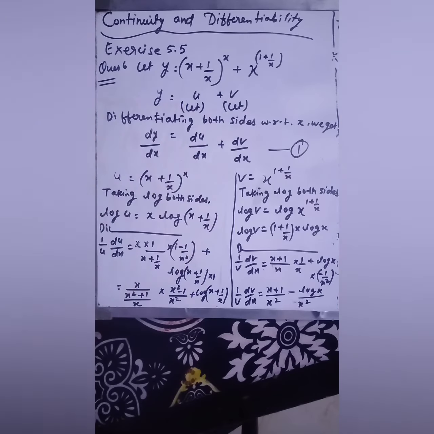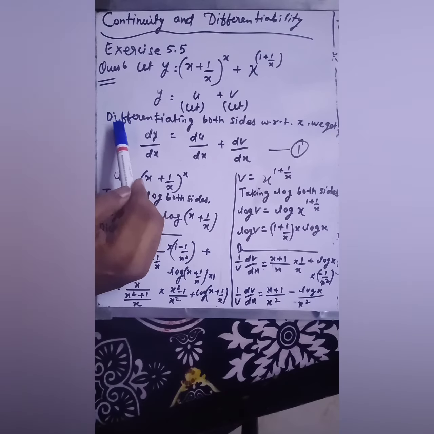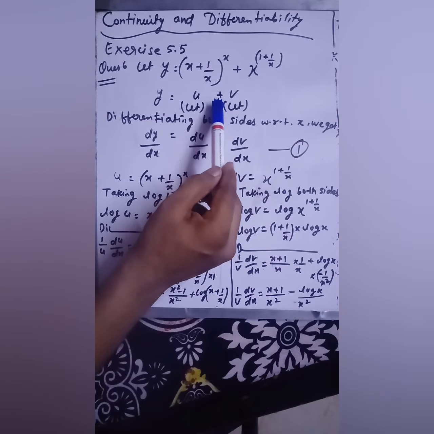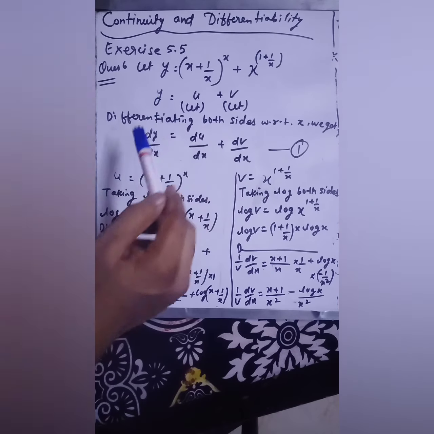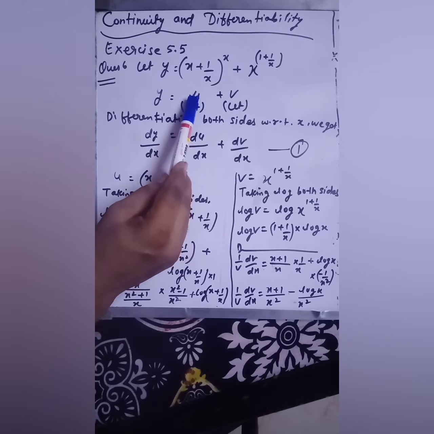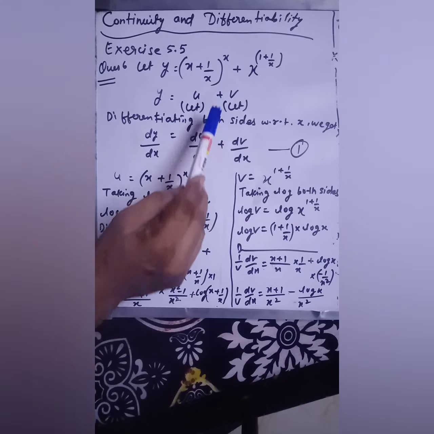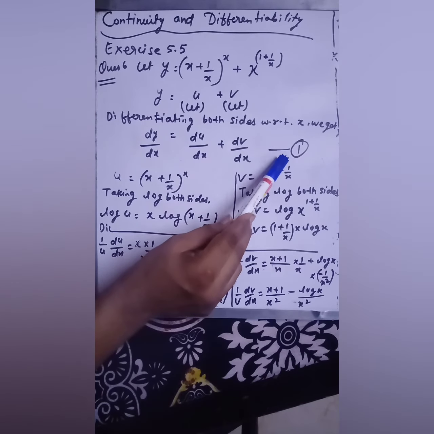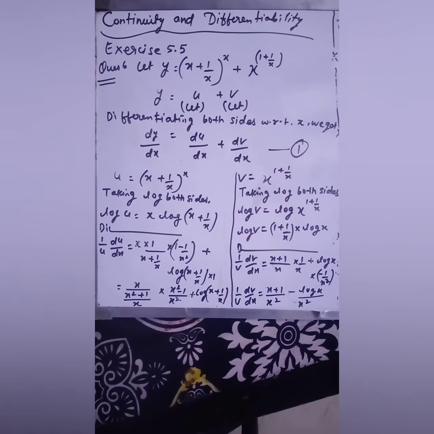Now we are differentiating both sides with respect to x. So dy by dx equals du by dx plus dv by dx. This is your equation number 1.